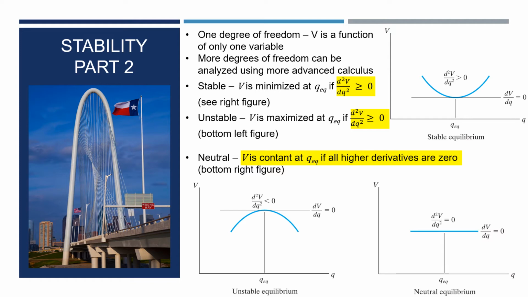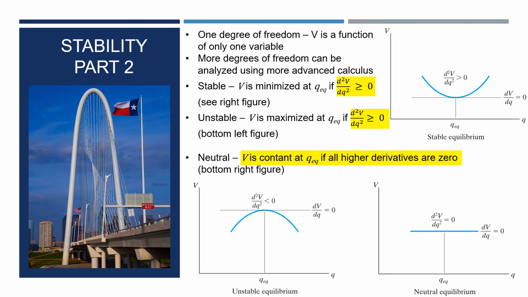Now, this is a ball on a flat floor. You displace it from equilibrium, it's neither going to accelerate away, and it's not going to go back to the beginning. All higher derivatives have to be 0 for this. Let me illustrate that. Let me get my pen out.